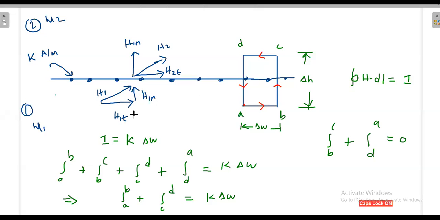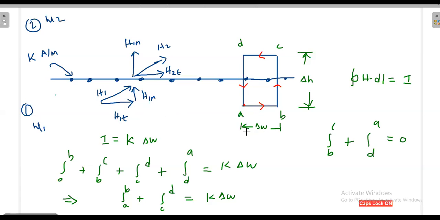It is the component of H1 in the y axis, in this horizontal direction. The component of H1 in this direction is definitely H1t.